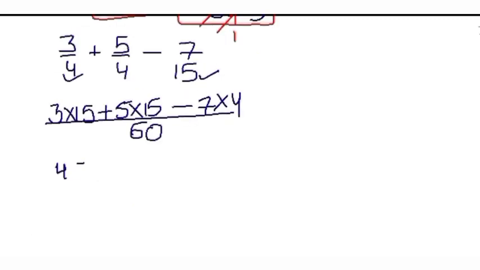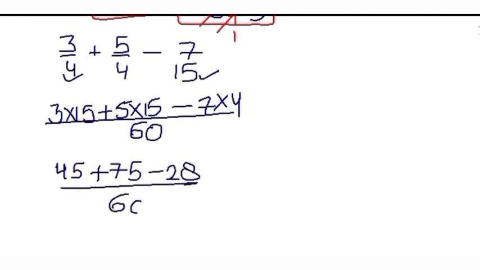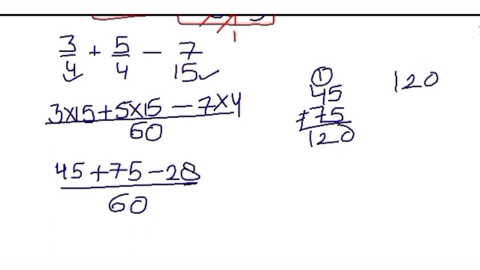15 3s are 45. 15 5s are 75. Minus 4 7s are 28 upon 60. Firstly add 45 and 75. 5 plus 5 is 10, 8 or 4 is 12, so 120. 120 minus 28 is 92.